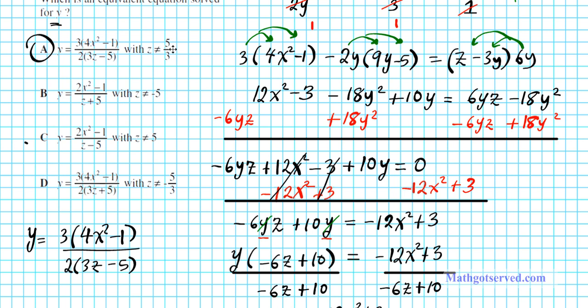So this value of z must be excluded from the domain of your solution. Alright, so we don't need this piece to get the answer. We already have a match with the expression, so this is our result.